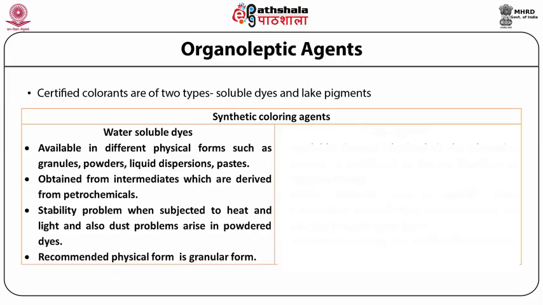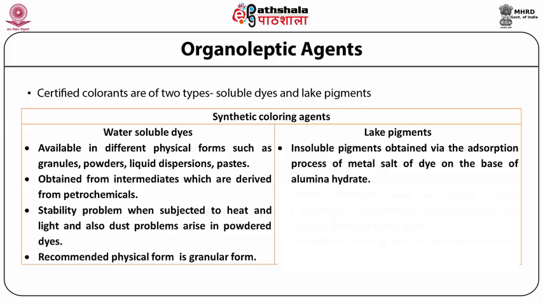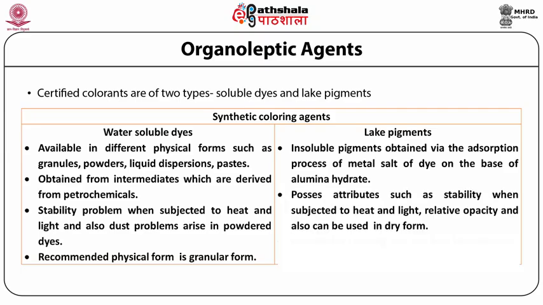However, lake pigments are insoluble pigments obtained via the adsorption process of metal salts of dye on the base of alumina hydrate. They possess attributes such as stability when subjected to heat and light, relative opacity, and can also be used in dry form. They are also suitable for coloring oils and liquid formulations.